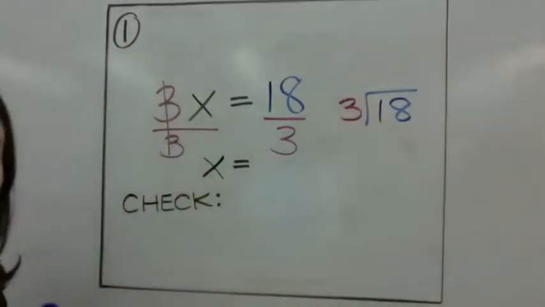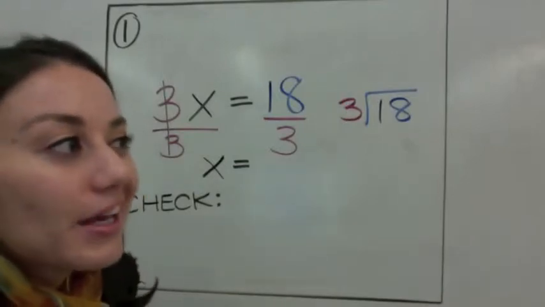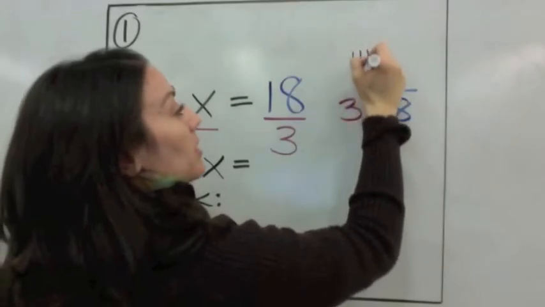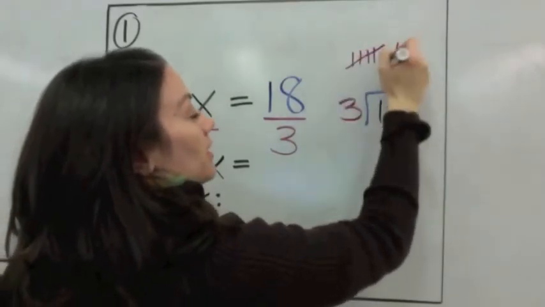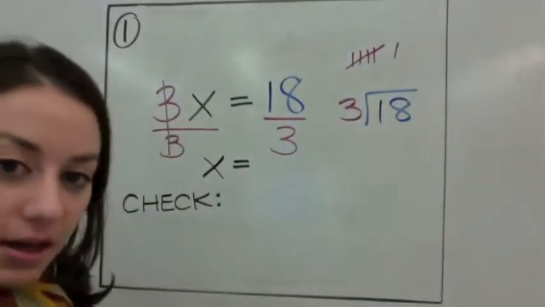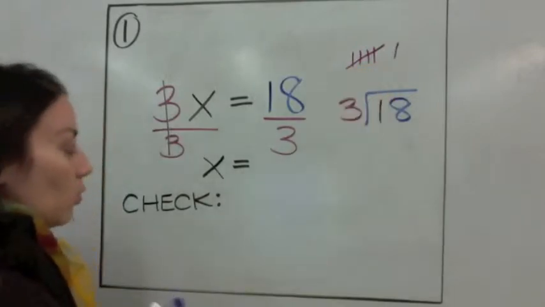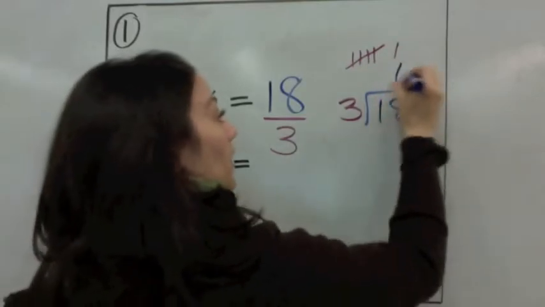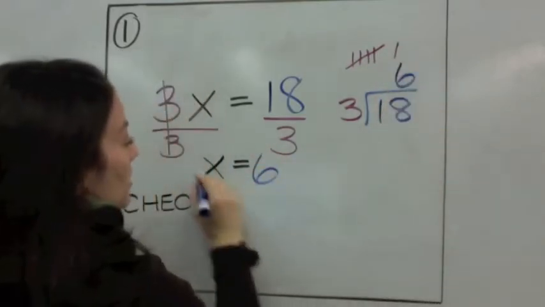So it's asking how many times do we skip count by 3 to get to 18? And we can make tallies. We can say 3, 6, 9, 12, 15, 18. All right, so count the tallies. You have 5 plus 1, which is 6. Very good. Okay, so x equals 6.